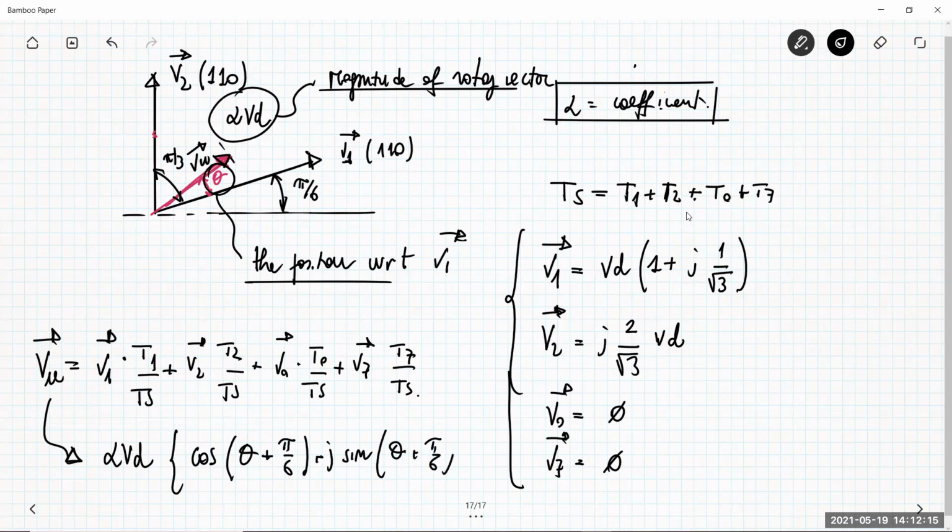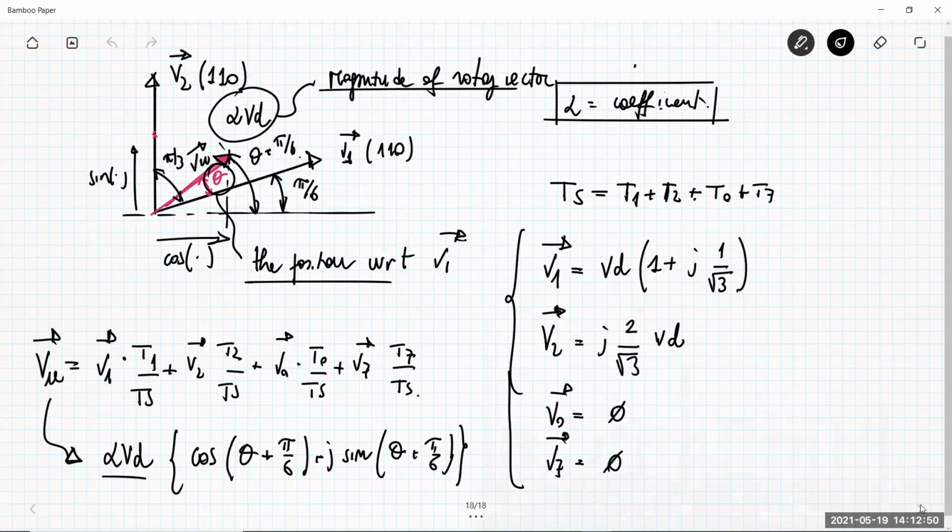The total angle with respect to the horizontal axis is theta plus pi divided by 6. So I can get the real part and the imaginary part, which are respectively the projections along the two axes. This is the cosine of the angle, this is the sine of the angle, and this is the magnitude. So this is the real and imaginary part representation of the vector VU.